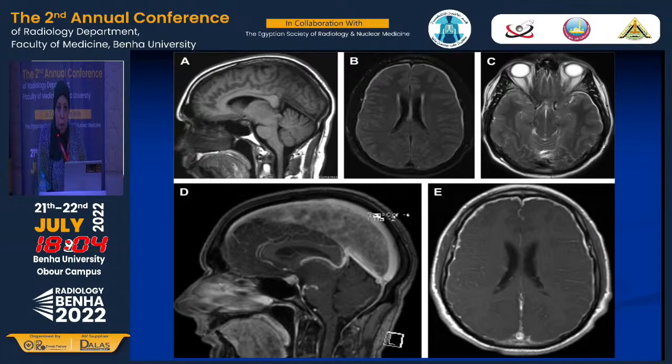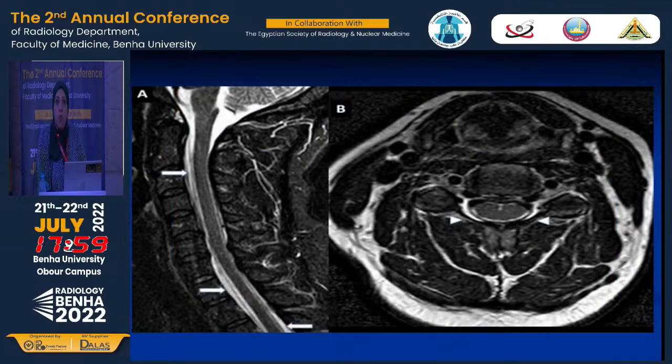The second step is to evaluate the entire neural axis, which is MRI of the spine. And not only MRI of the spine with the traditional sequences, you should stress on sagittal and axial fat-suppressed images or the STIR images. Why?